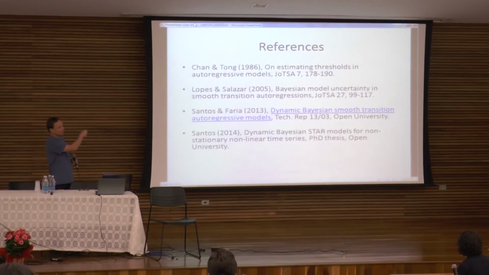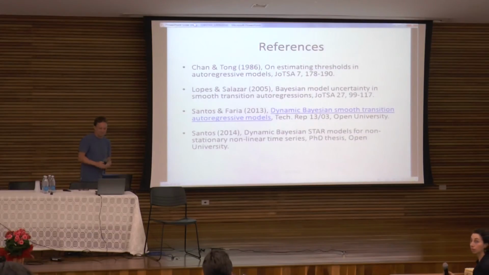And the Canadian lynx data is a benchmark dataset. We compared our models with Lopez and Salazar and also with the classical static STAR, and they outperform, I must say, the other methods. Although, because those are static, they fit the whole data, and our models are sequential, so we had to do a retrospective analysis for comparability reasons. But that's all I have to say for now.